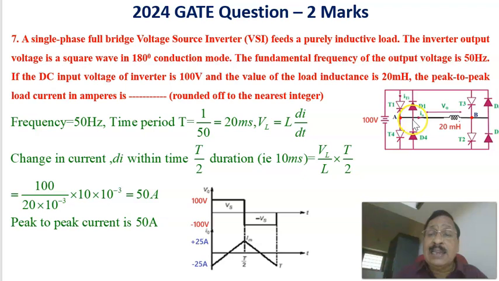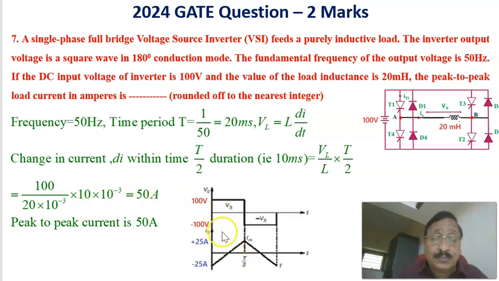The change in current is VL by L into half the time period T by 2, which is 100 divided by 20 millihenry, multiplied by 10 milliseconds, equal to 50 amperes.